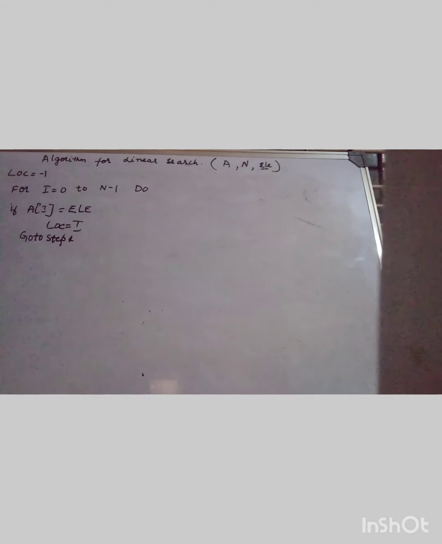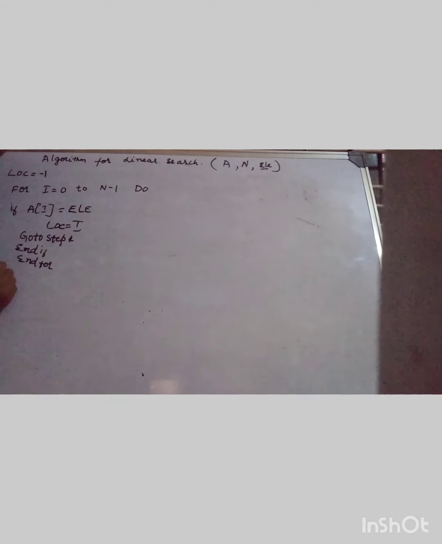End if, end for. This step 4 is nothing but if the element is not found in the list, what should it display?